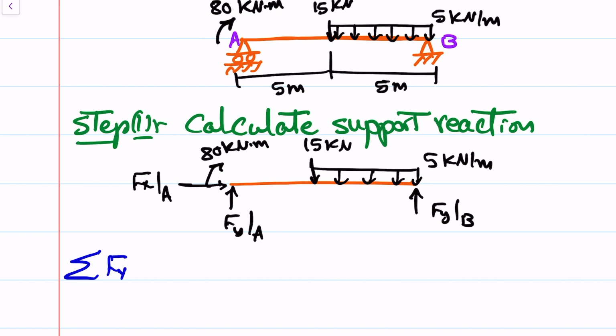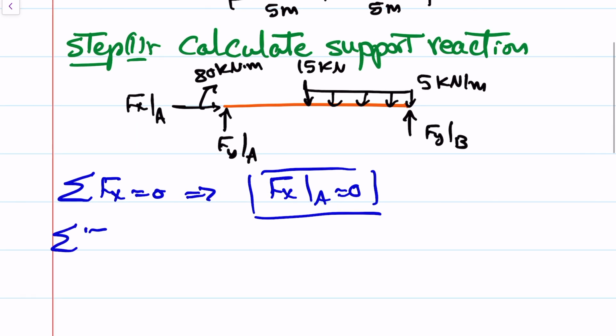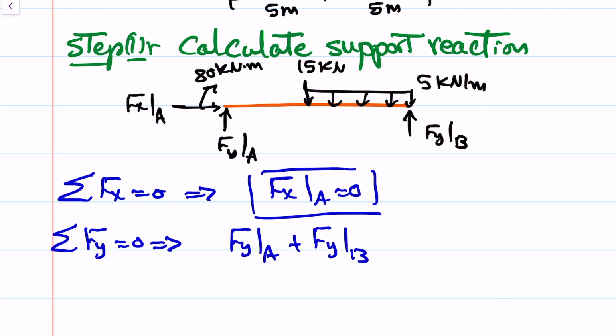Summation of forces in the x direction equals 0, Fx at A equals 0. Summation Fy equals 0, then Fy A plus Fy B, and then minus 15 minus 25, the equivalent point load for the given distributed load, and this will be equal to 0.